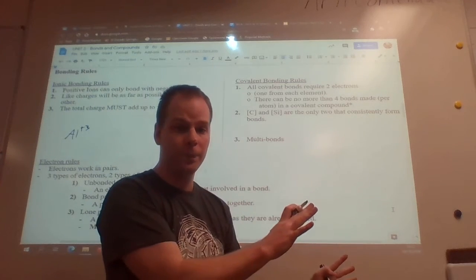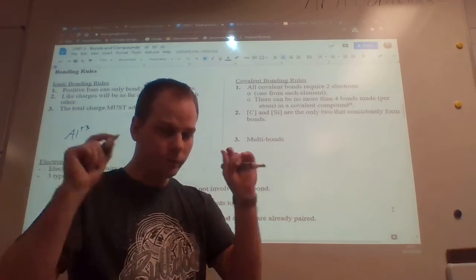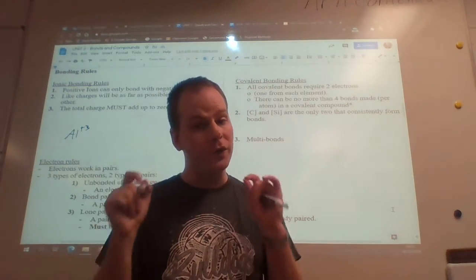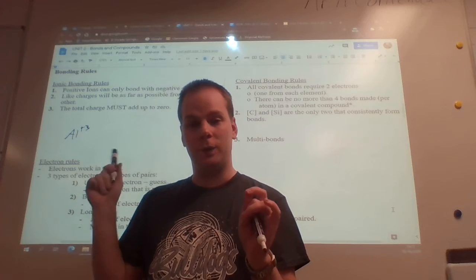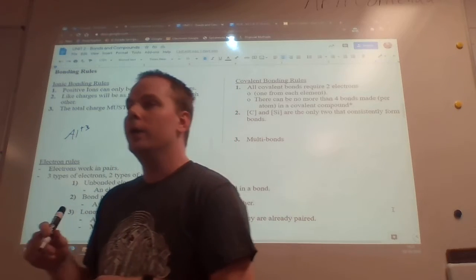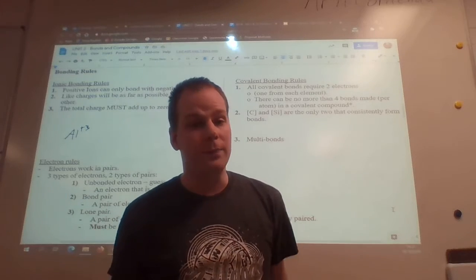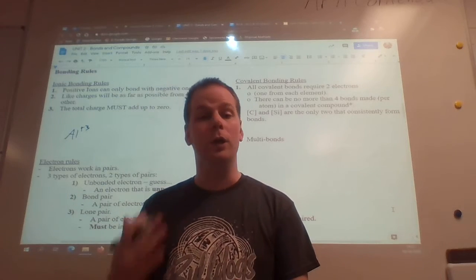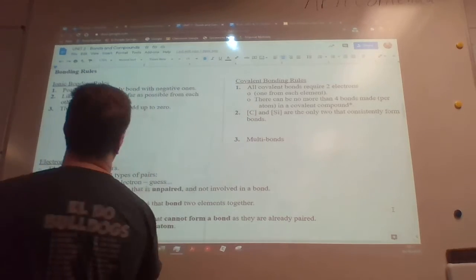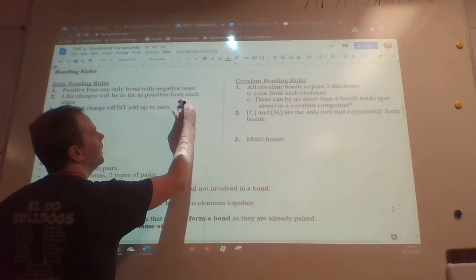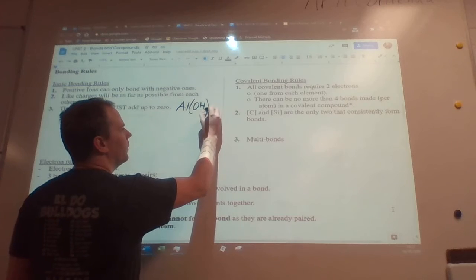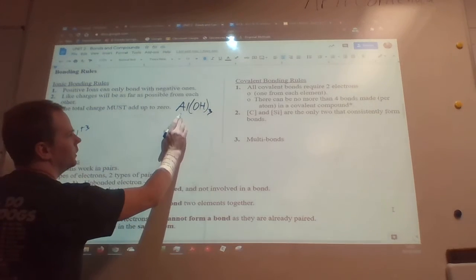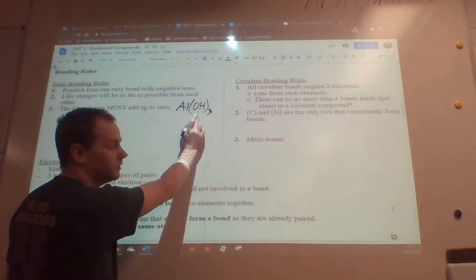Now, that could be a nonmetal or it can also be a polyatomic ion, which is what I'm going to use as my example. So aluminum will frequently bond with hydroxide to form aluminum hydroxide, which has the formula Al(OH)3, because there is one aluminum and 3 hydroxides.